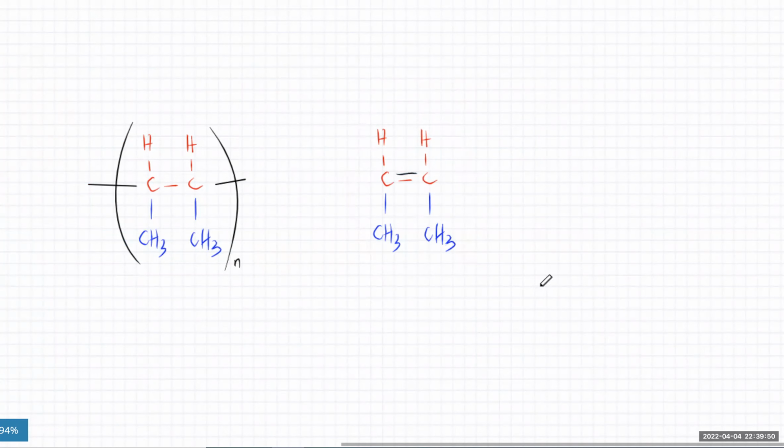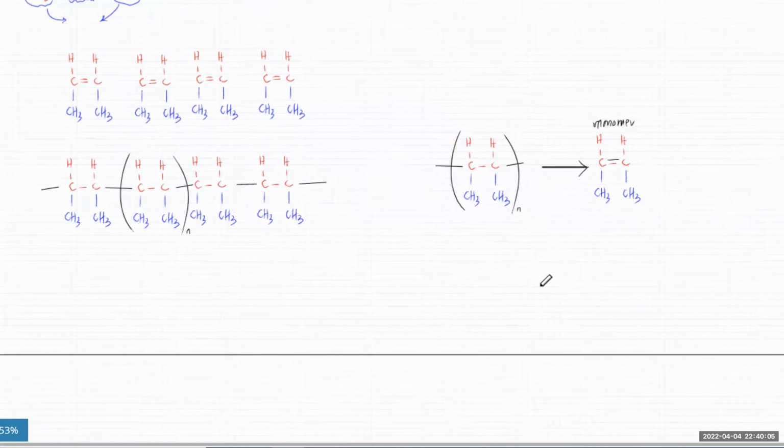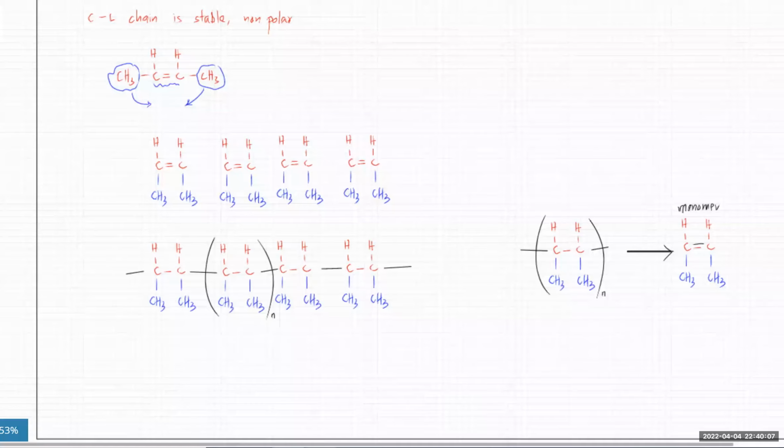That's it. That's my monomer. So this one is kind of easy. But remember, this is not that biodegradable.